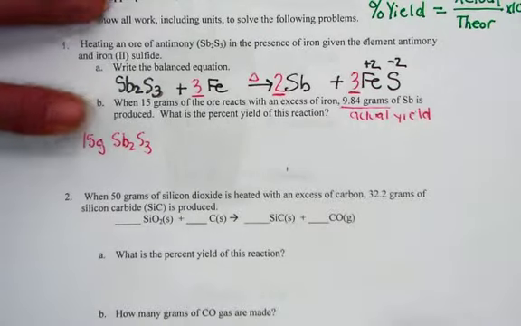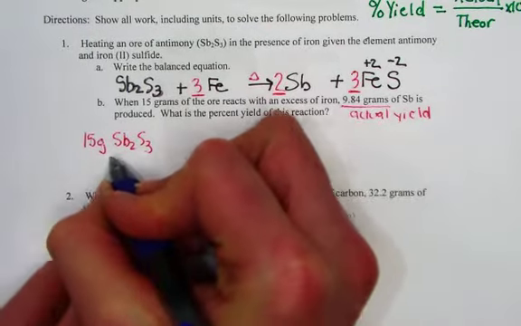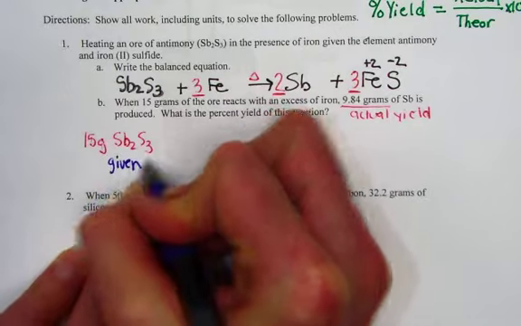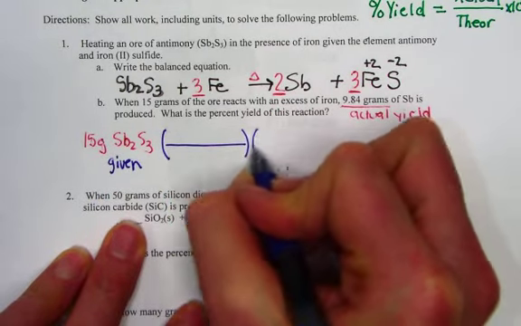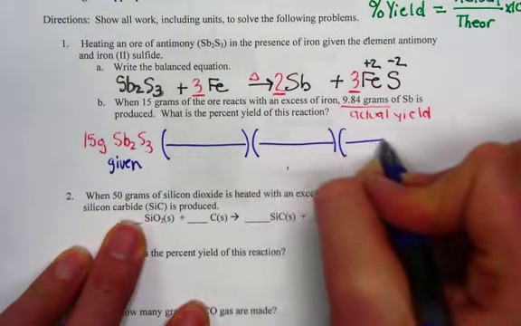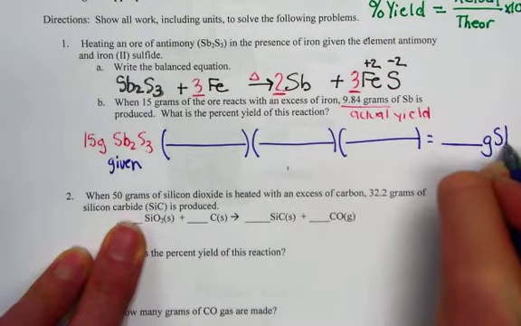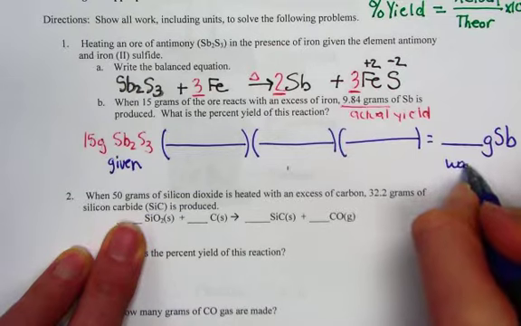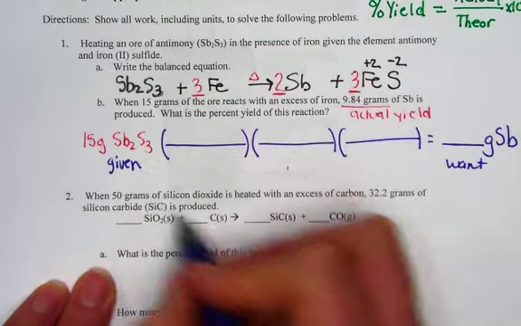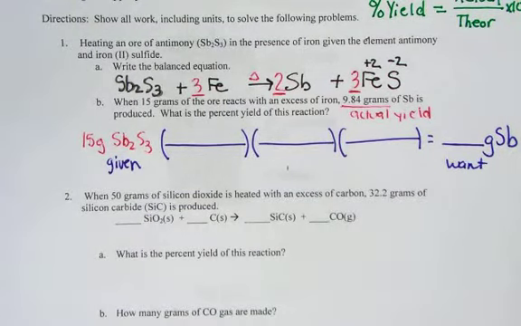Taking a look at Sb2S3 as the given, we want to compare our actual yield. We need to make the target grams of antimony. We want Sb given Sb2S3. We'll need a molar mass.